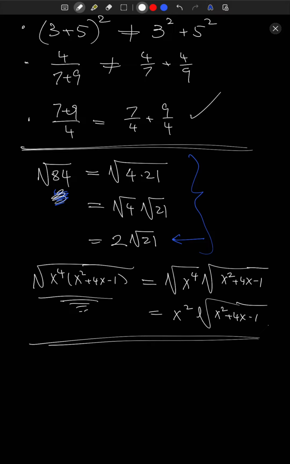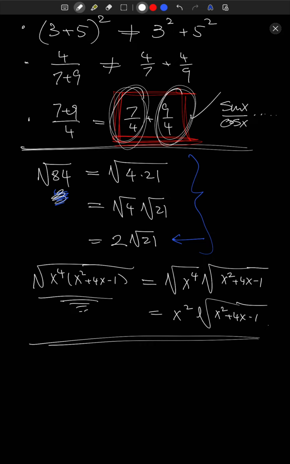If you want to add, like up here, 7/4 plus 9/4, you could do it with a calculator. But very soon we're going to be working with something like sine x over cosine x, and expressions having to do with that. If you were never comfortable with number fractions, it's going to be a really hard time when we get into quotients with functions and having to manipulate those, which we will be doing quite a bit.